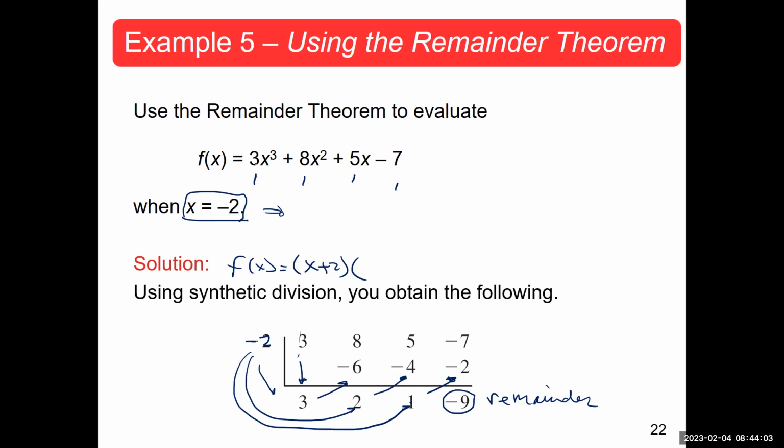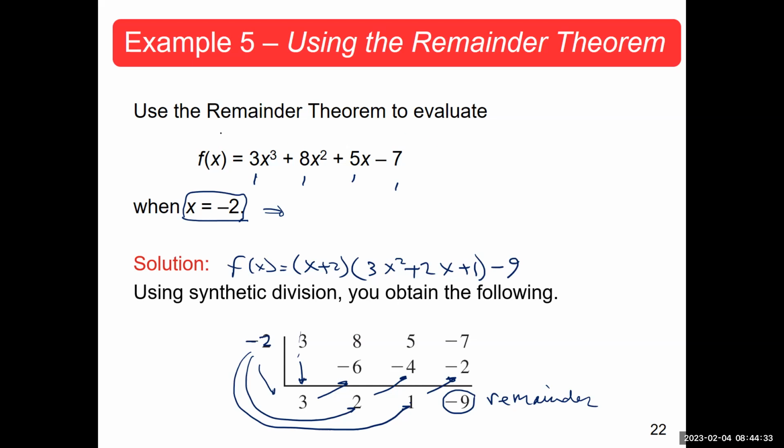What's the highest power of Q(x)? It's 3, so the answer should be 3x squared plus 2x plus 1, minus 9. So this is the divisor. That's the Q(x) answer of dividing, and that is the remainder, minus 9.